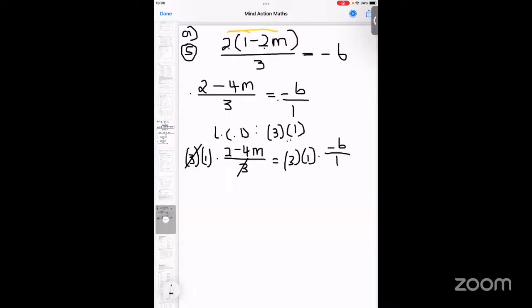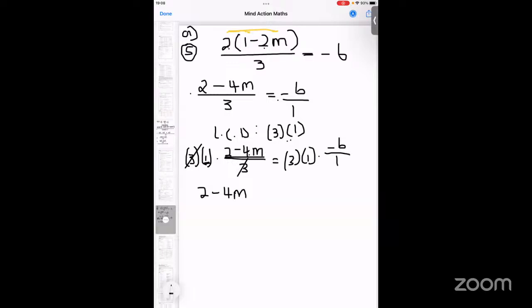Then you have 1 that multiplies the whole of that, which remains as it is, because when you multiply by 1, it doesn't change. So this 1 multiplies 2, and it also multiplies negative 4m.